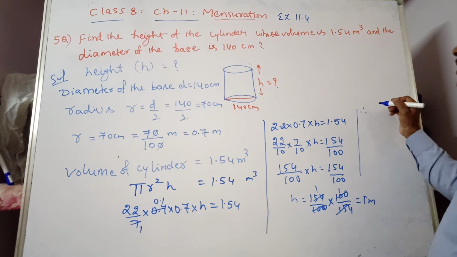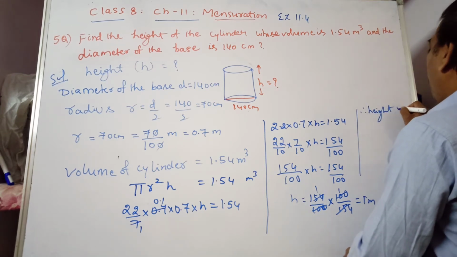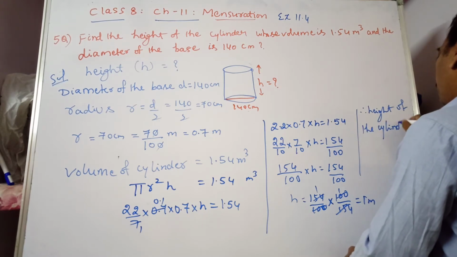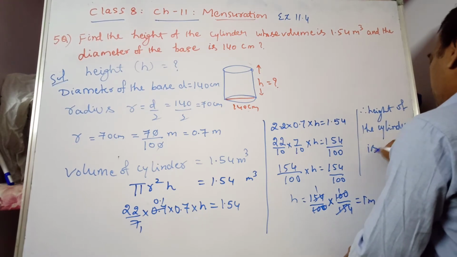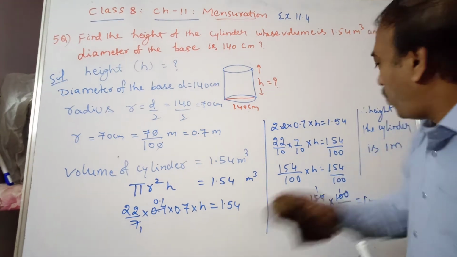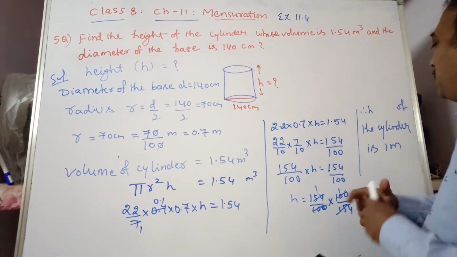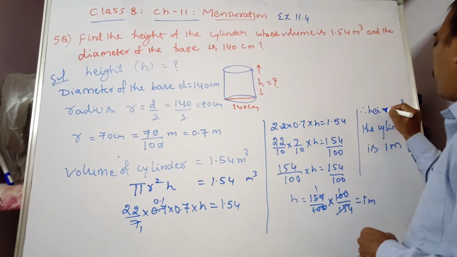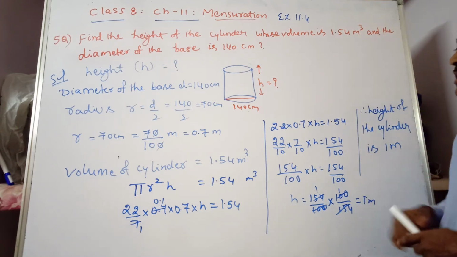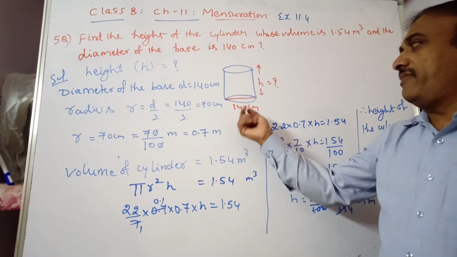Therefore, height of the cylinder is 1 meter. So here it is given that the volume is 1.54, diameter is given in centimeters.